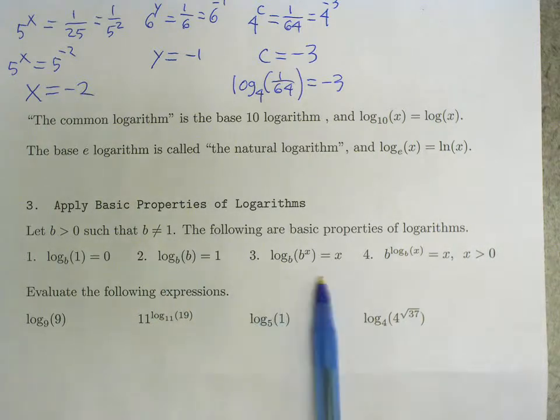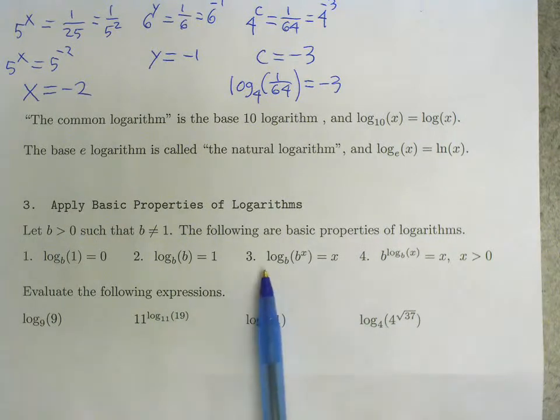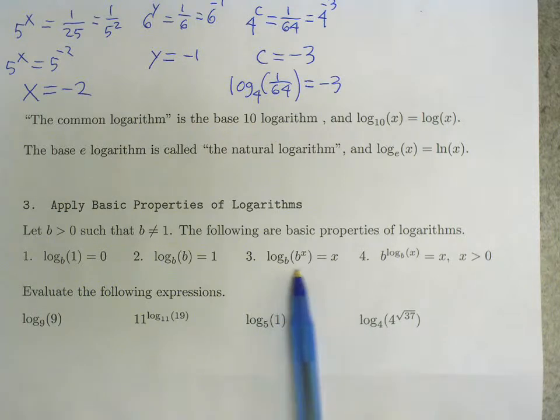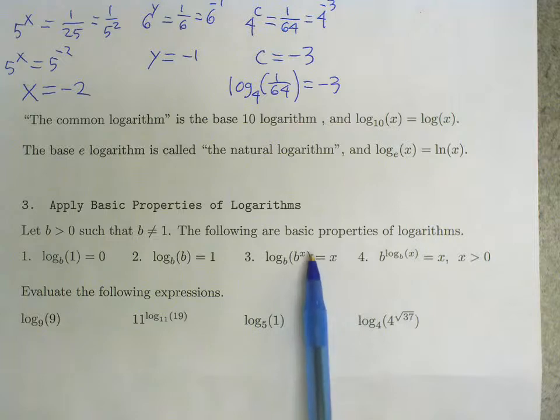The basic property number 3, we've also encountered this. Log base b of b to the x equals x, because the base number b raised to the exponent x equals the base b raised to the exponent x.